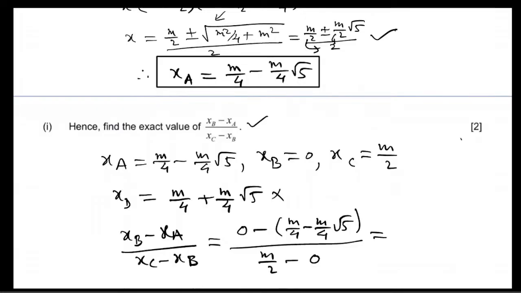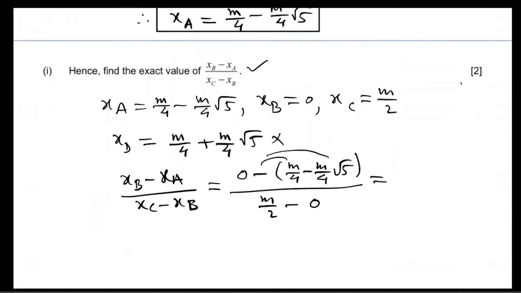Now simplifying all this, m will get cancelled, and we will be left with, see, minus here, minus and minus plus here, and m by 2 we can take as a common factor, so that we can cancel it, and minus sign will multiply inside.